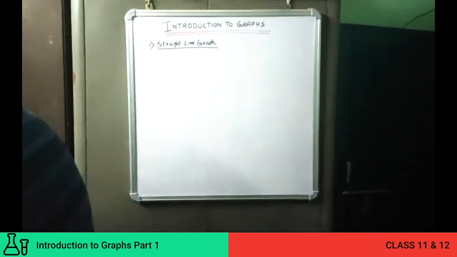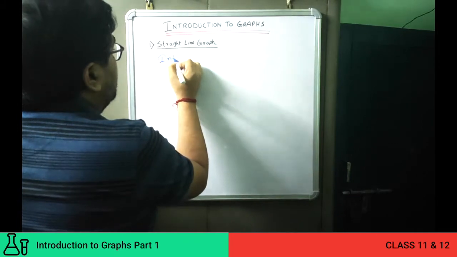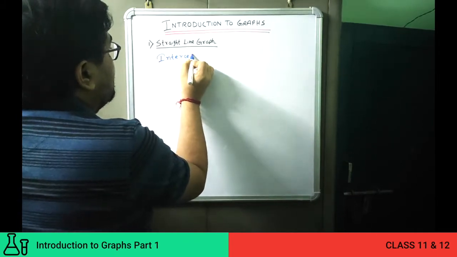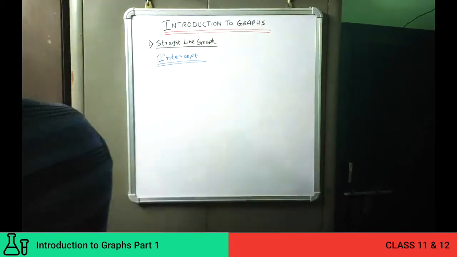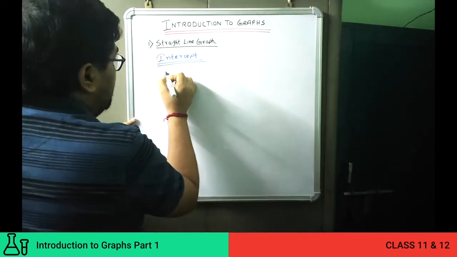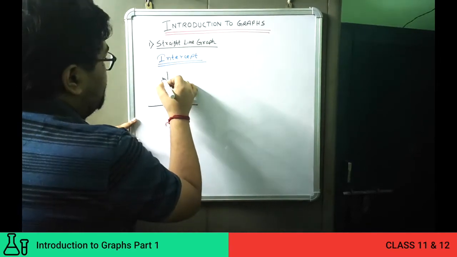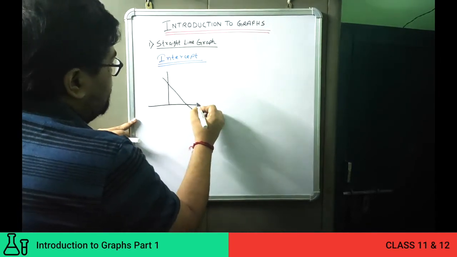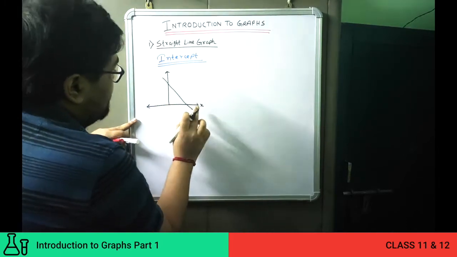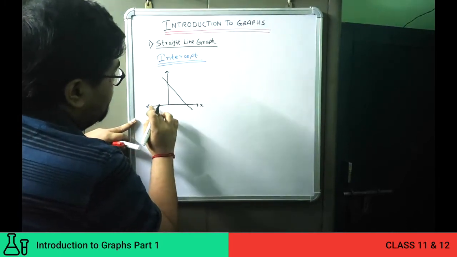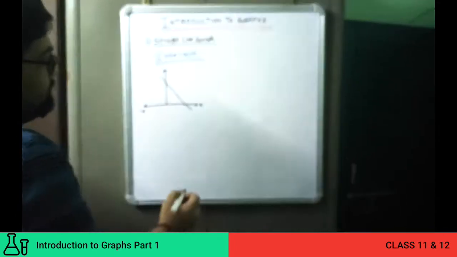So, we are discussing intercept. Okay. Now, I am drawing a few graphs. Suppose this is x, this is y axis, and this is the reverse direction of x axis. So, this coordinate will be minus x axis. Okay.